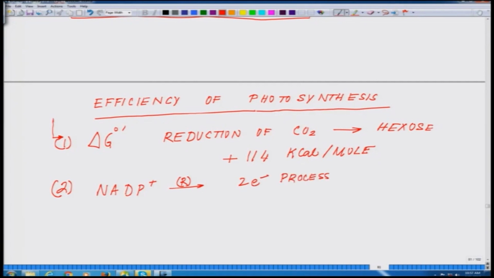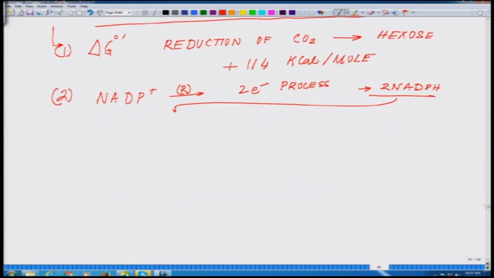Hence, the formation of 2 NADPH requires the pumping of, so if you want 2 NADPH molecules to be formed, this part is very critical, just evaluate it carefully, this requires pumping of 4 photons to photosystem 1. So, this is the light expenditure we are talking about.